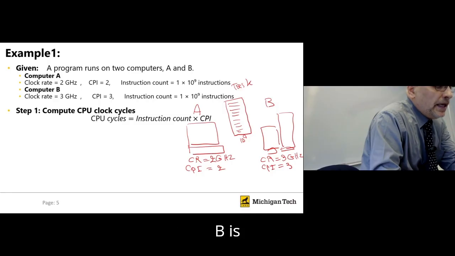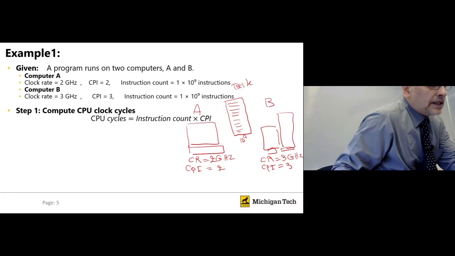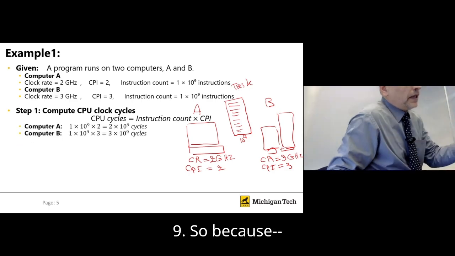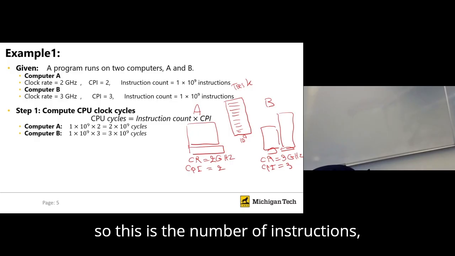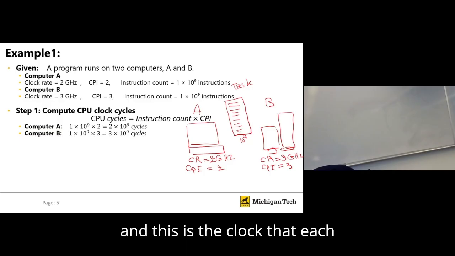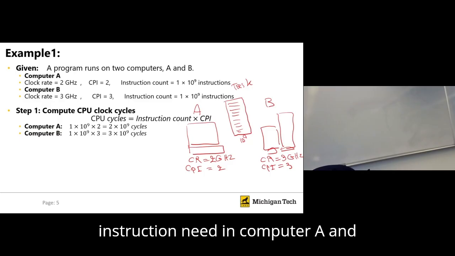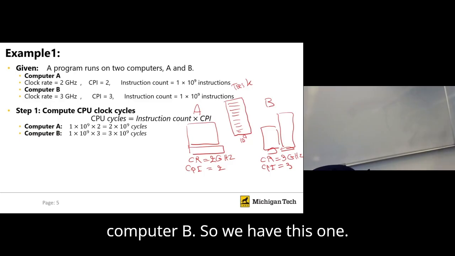For computer B, it is 3 times 10 power 9. So this is the number of instructions, and this is the clock that each instruction needs in computer A and computer B.